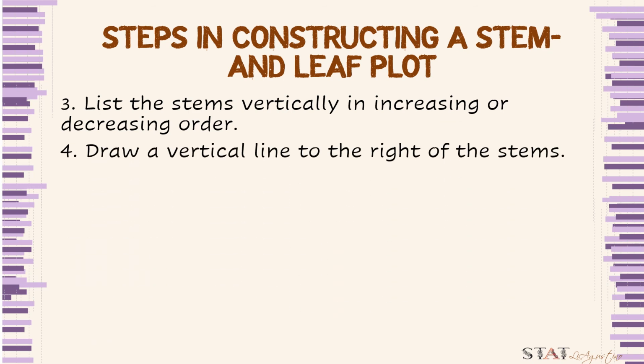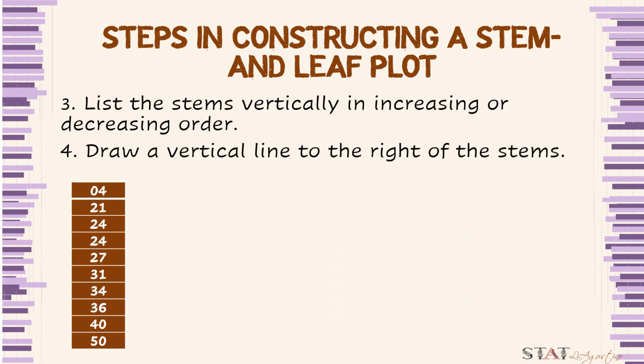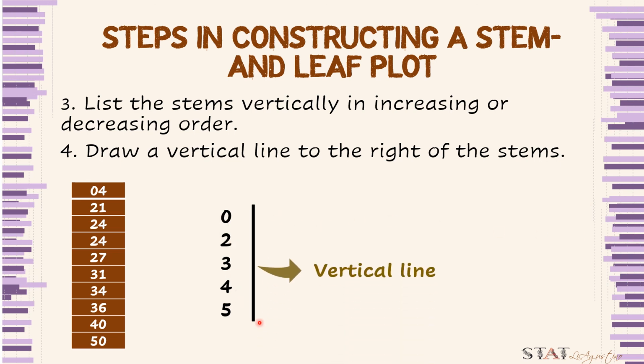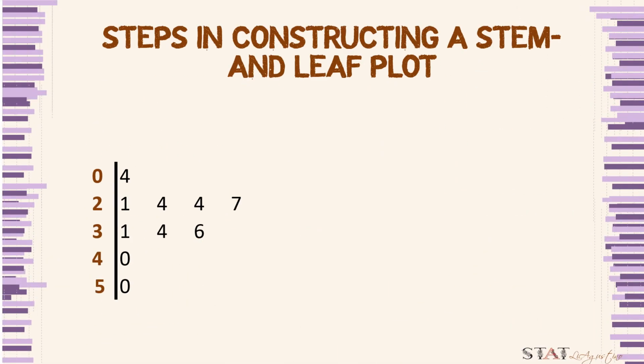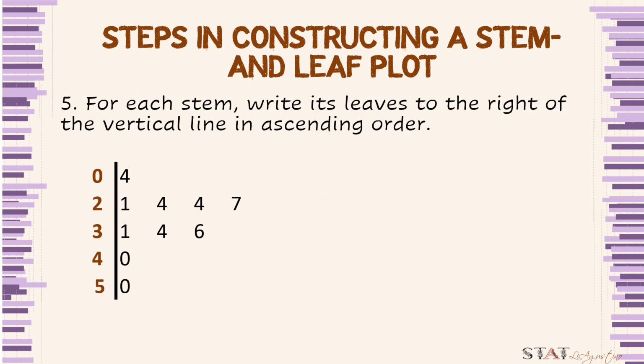Now, list the stems vertically in increasing or decreasing order and draw a vertical line to the right of the stems. Okay, example. So this is our stem, right? And then put a vertical line between the stem and the leaf. Now, for each stem, write its leaves to the right of the vertical line in ascending order.